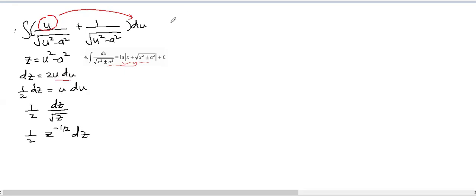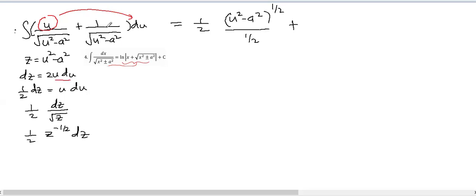So, yung sagot natin dito ngayon, it is 1/2 z to the 1/2. So, that would be u square minus a square raised to 1/2 over 1/2. O, integral na, di ba? So, plus 1, and then the resulting exponent, yung denominator. So, we have this.